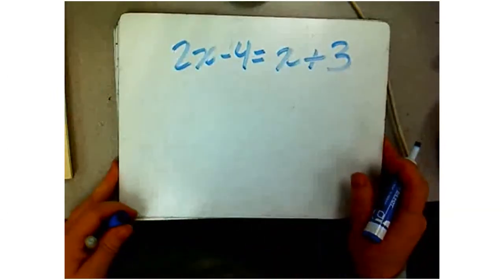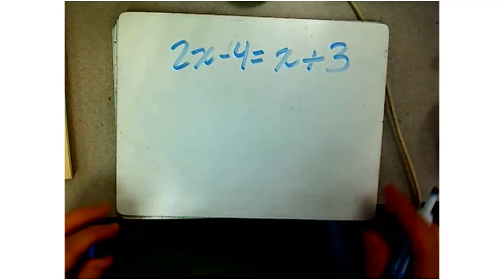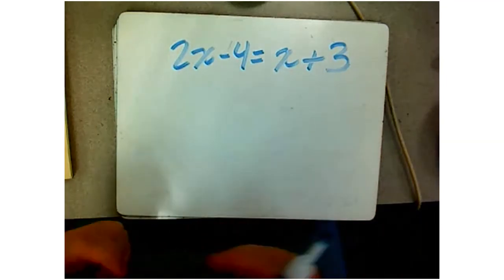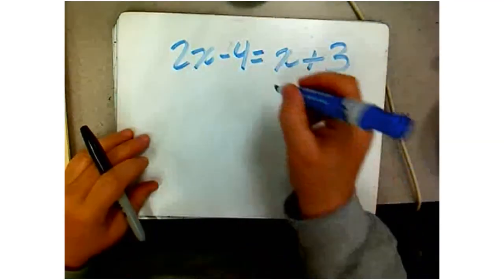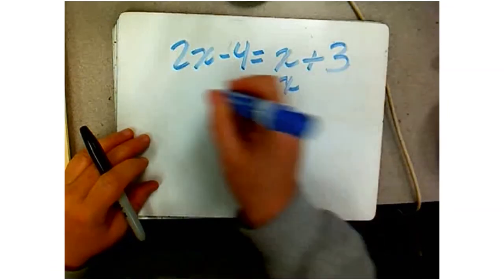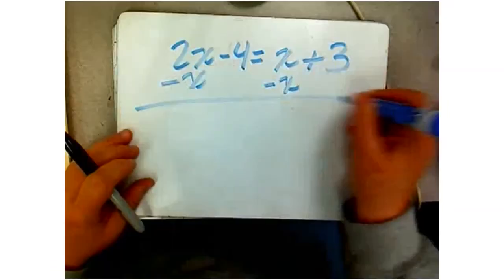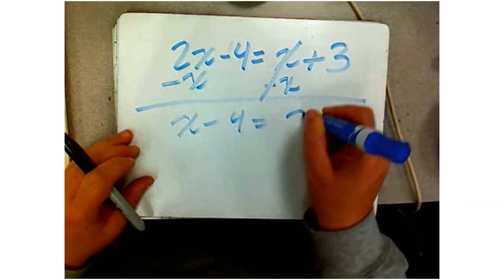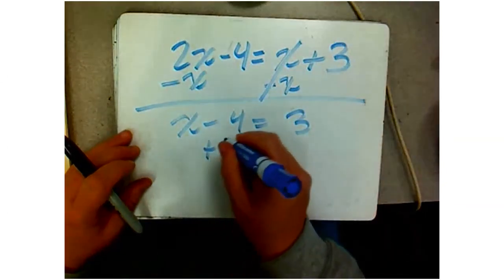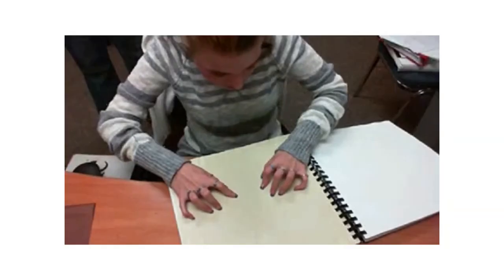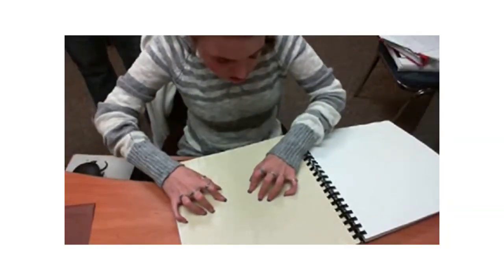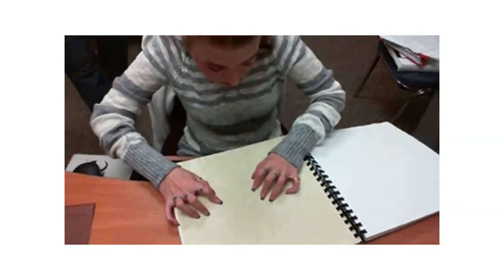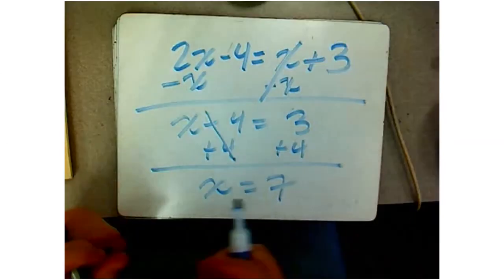What shall we do with that? Minus the x from both sides. Good. So we have x minus 4 equals 3. So plus the 4. Yep. X equals 7. Good job.